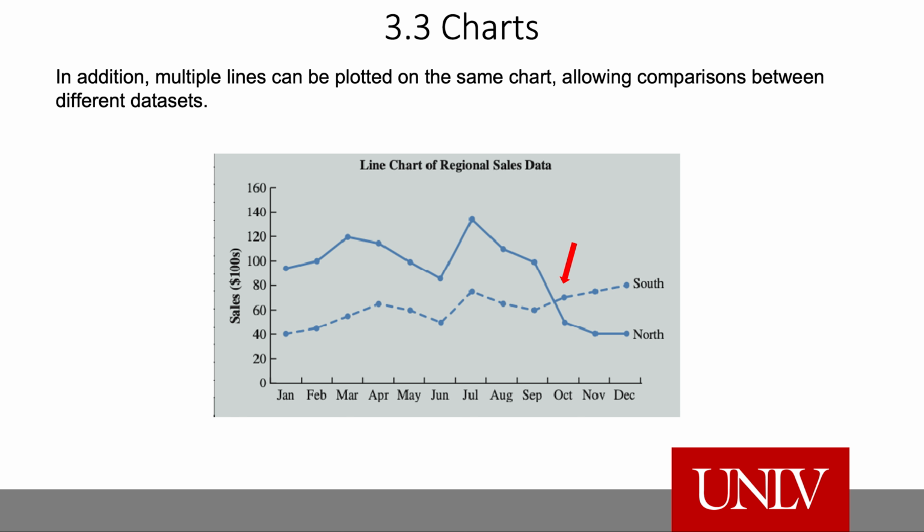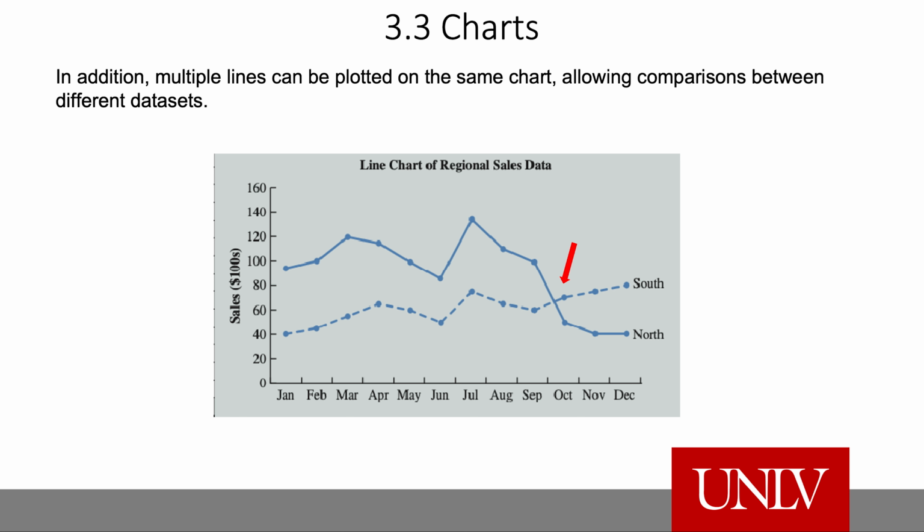The South region, by contrast, starts with relatively low sales but shows gradual growth from January to July, peaking at around $75. Sales then stabilize around $65 from August to October, before increasing further in November and December to reach $80. Overall, the North maintains higher sales for most of the year, but experiences more dramatic fluctuations, with sharp rises and falls.